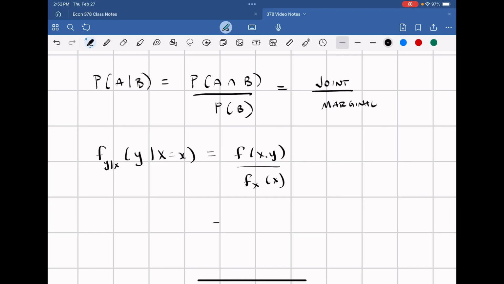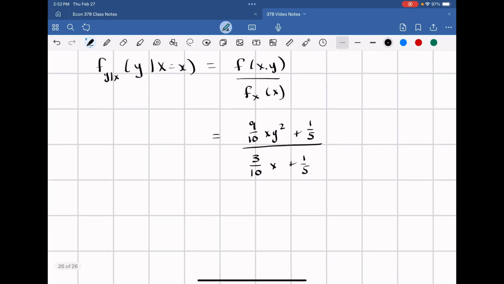Given that we know the joint distribution, 9/10 x y squared plus 1/5, we divide that by the marginal distribution, which we found to be 3/10 x plus 1/5. That's how we set it up to find the conditional distribution.